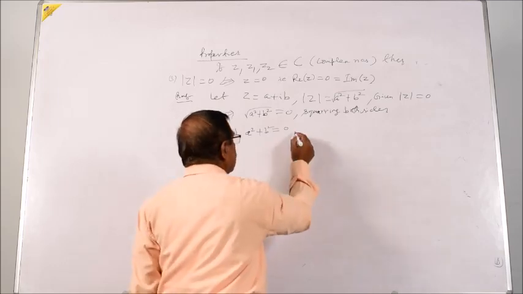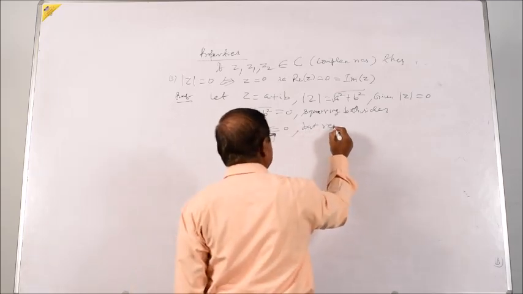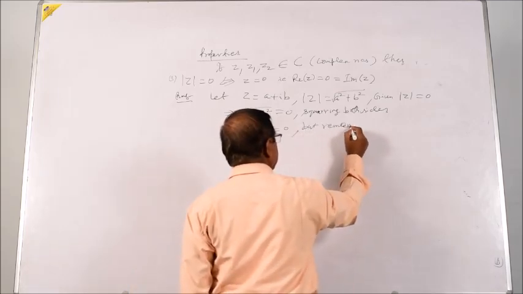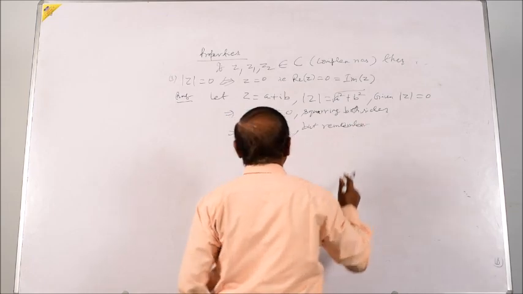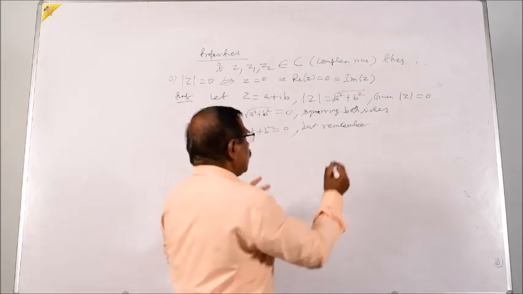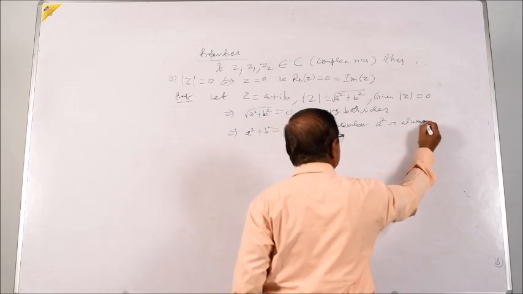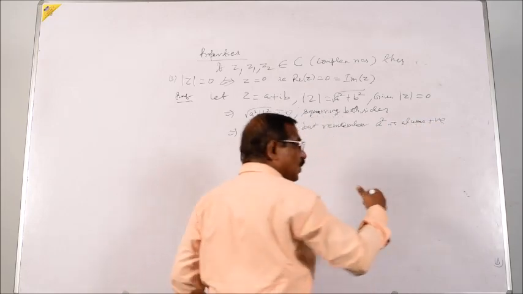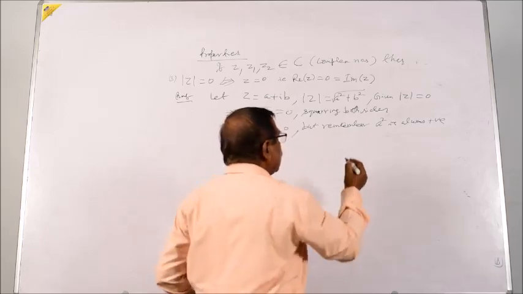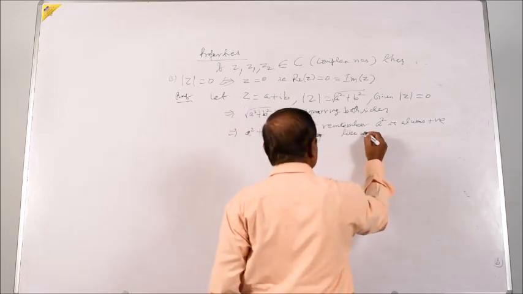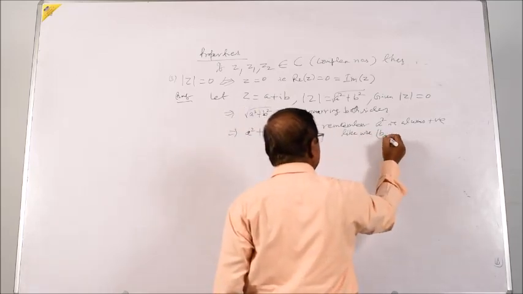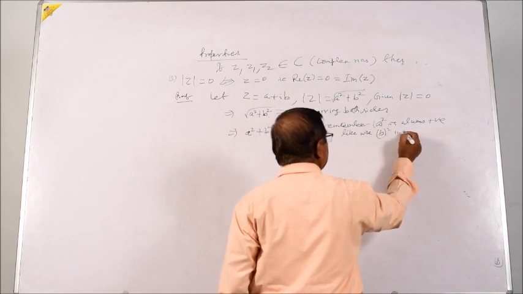But remember, a square is always non-negative. Why? The square of any real quantity is always non-negative. Likewise, b square is always non-negative.